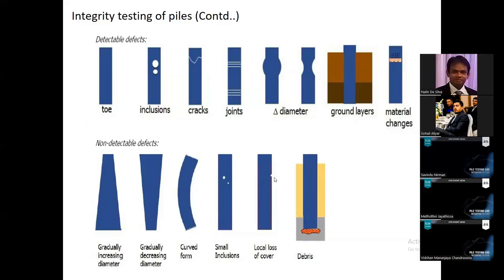The loss of cover cannot be detected, nor the presence of debris. If there is a soft toe, then it may be possible to detect, but for very long piles, as I said earlier, you may not be able to detect the toe reflection, right? So it has its advantages as well as limitations.